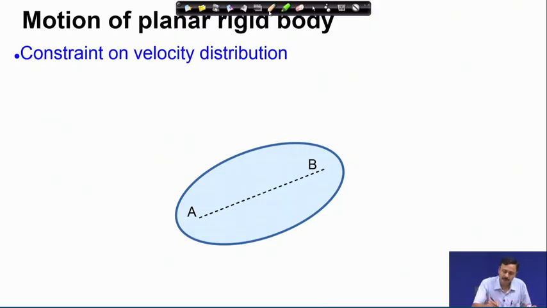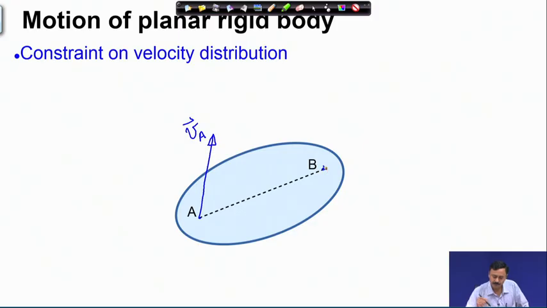So, here I have marked out for you 2 points A and B. Suppose the velocity of point A is V A. If I ask this question, is there any restriction or constraint on the velocity of point B?